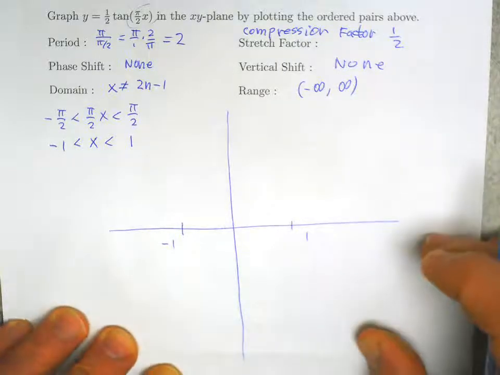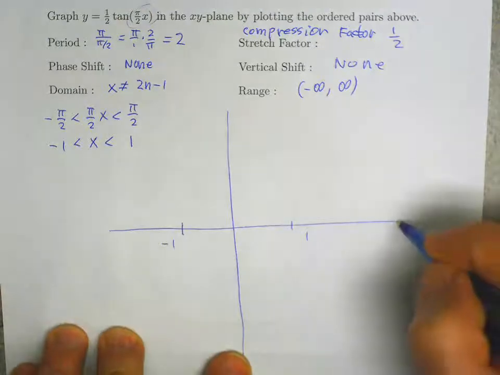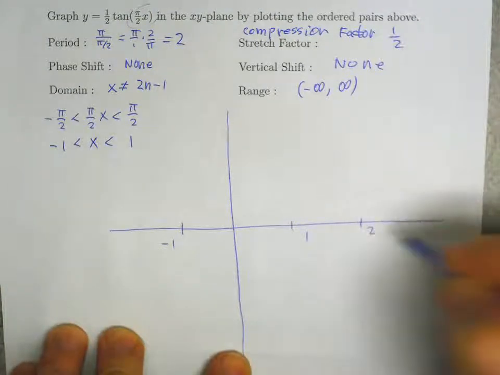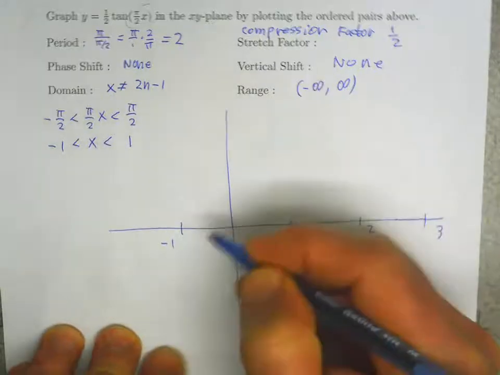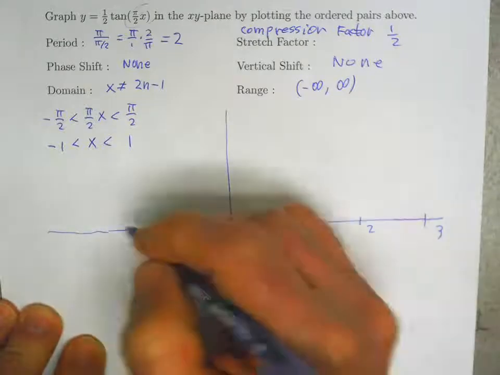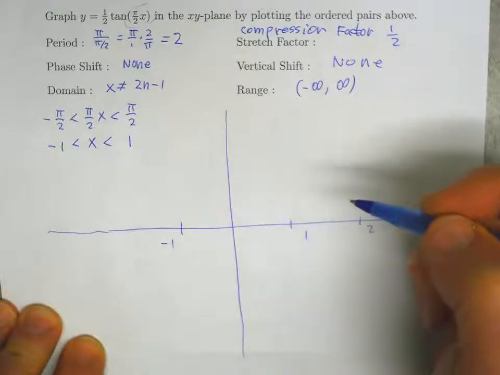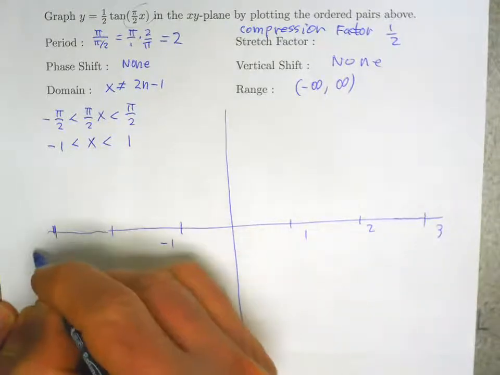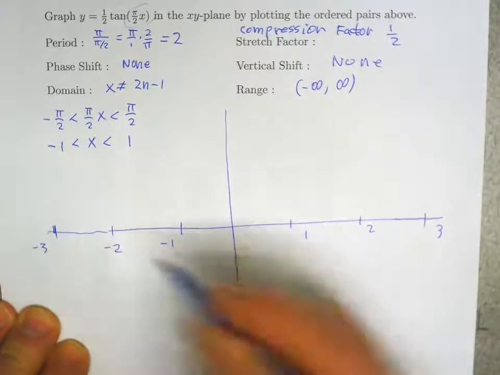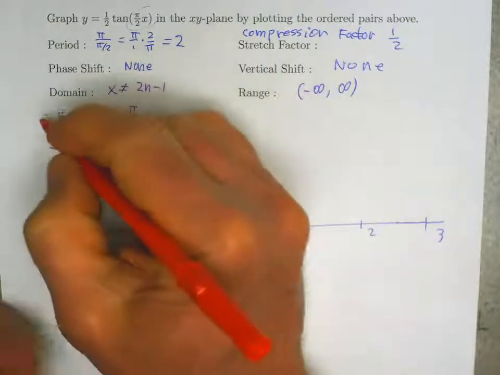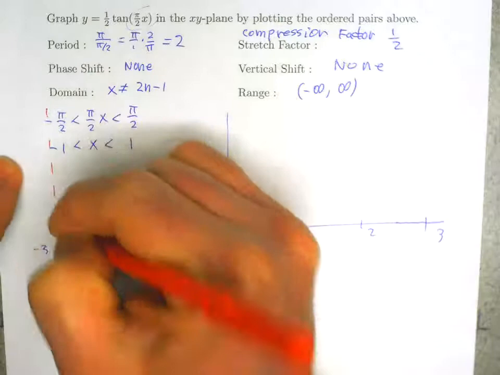So we have vertical asymptotes at the odd integers. Okay, I'll sketch in the vertical asymptotes at the odd integers.